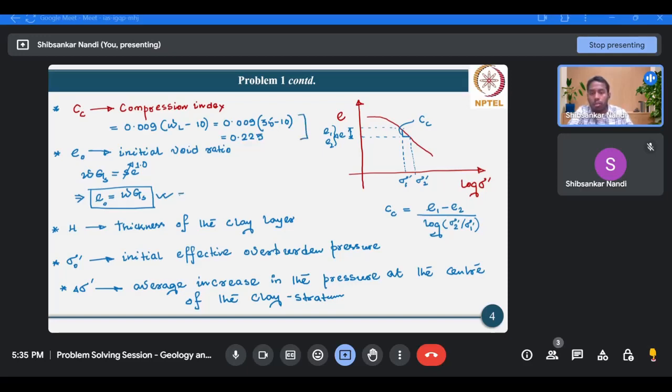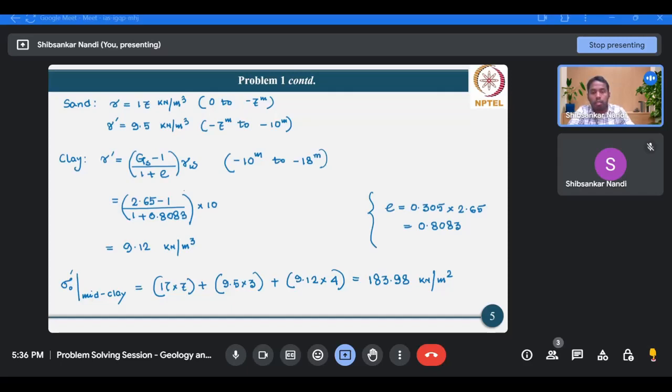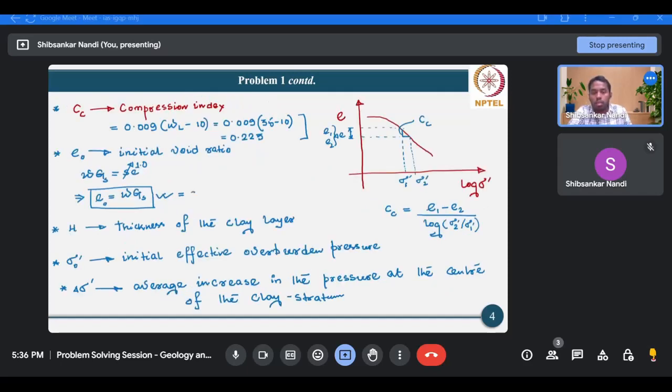Okay, so e0 value we have already calculated, it's 0.8083, and the thickness of the layer is 8 meter.